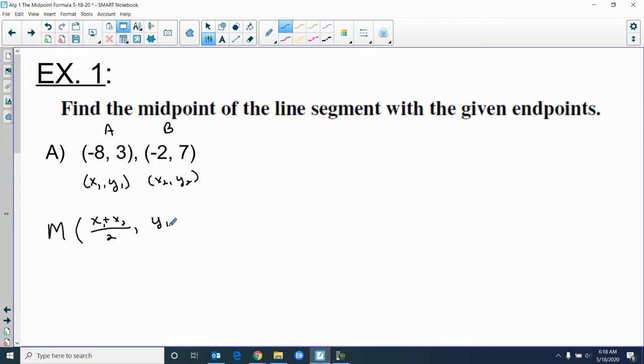I won't do it every time. You add the x's. That's the biggest thing. You don't just add the 2 points together. You add the x's. So the midpoint would be -8 plus -2 divided by 2, comma, then 3 plus 7 divided by 2.